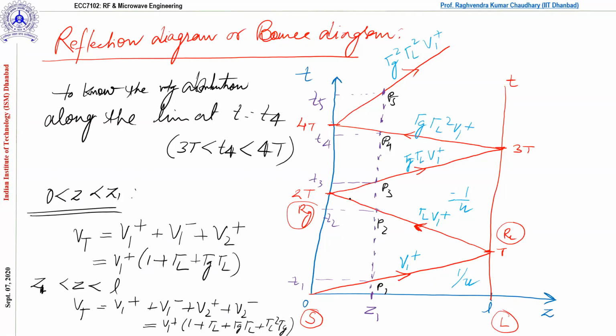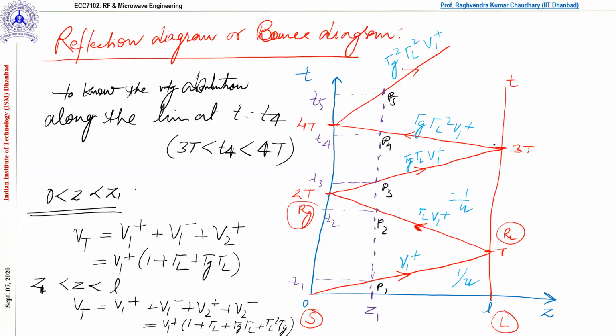Because we are interested up to T equal to T4, we will calculate these things, V1 plus gamma L, and this one.